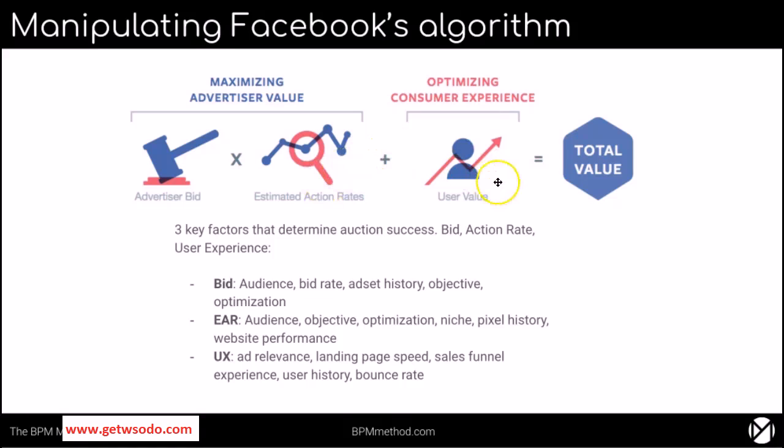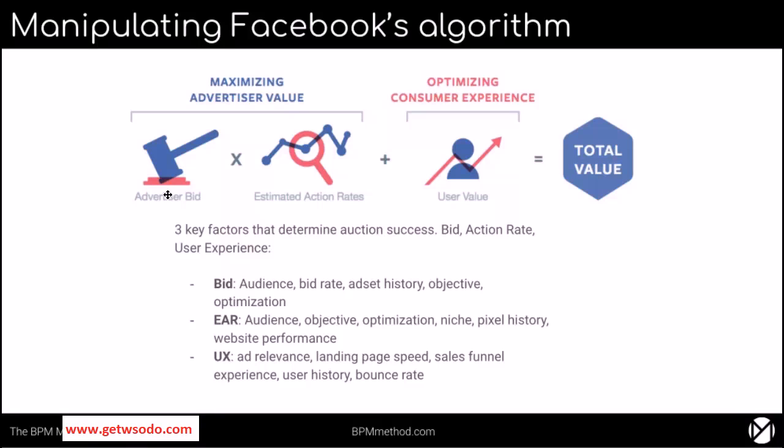And these two things are another reason why we go through the graduation testing process, which we'll see further on in the training, because I want the best estimated action rate and the highest user value, so that when it comes to bidding, Facebook will automatically give me the best users in the auction at the lowest cost.